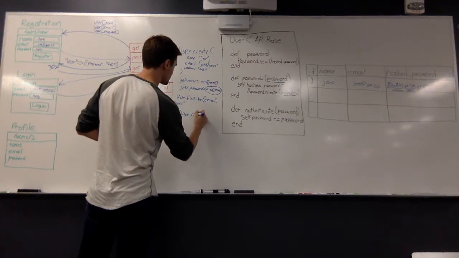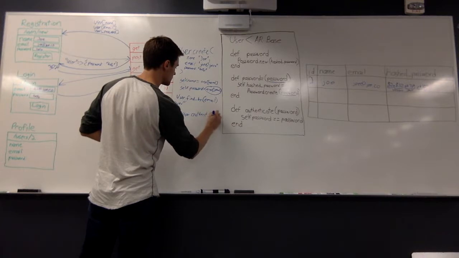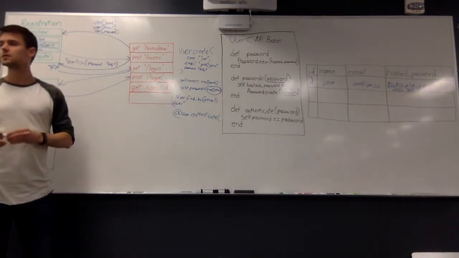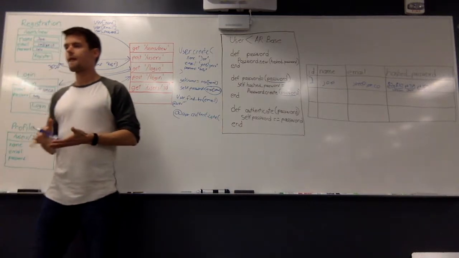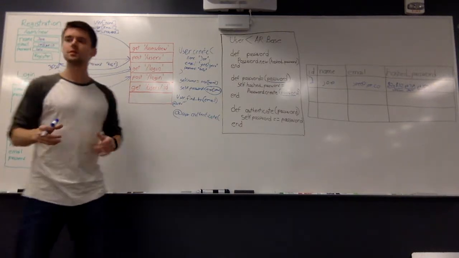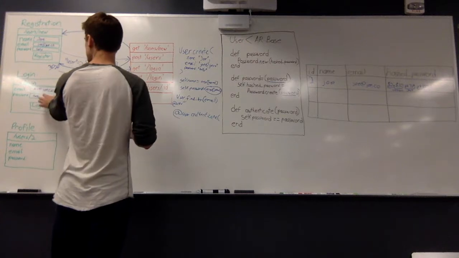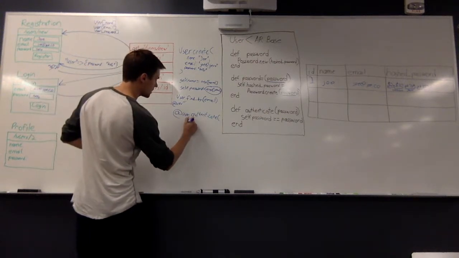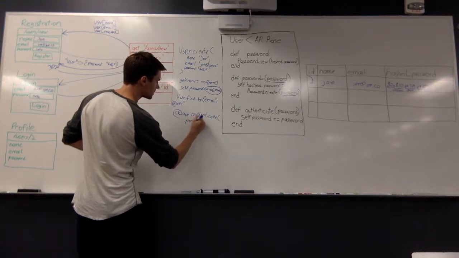And what do I pass to authenticate? How do I get that? It's in params. So we'll simplify it and just say that it was directly called password, right? Which is perfectly fine.